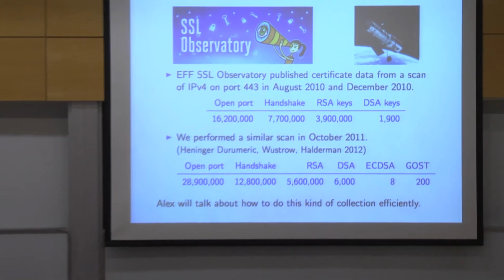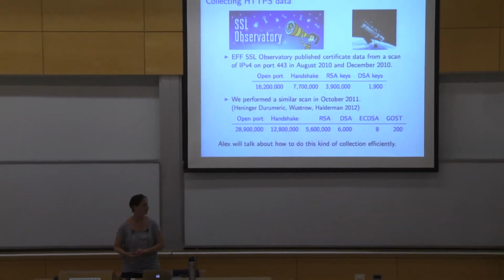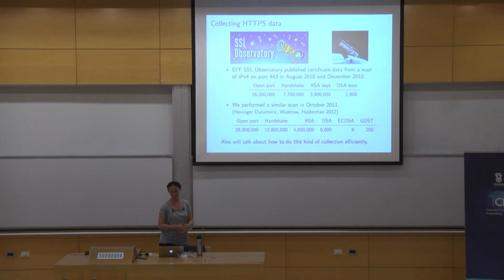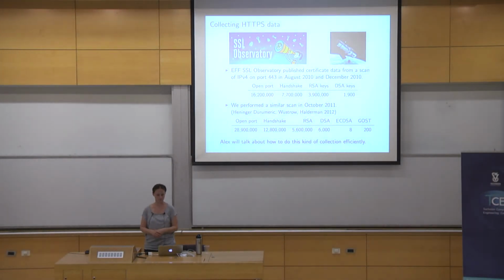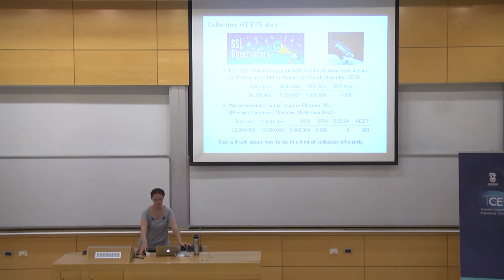In our case, we did it from 25 Amazon EC2 nodes. And here are some of the numbers that we got. We found a few more certificates and keys than the EFF did, but the numbers are about the same. And in his talk on Wednesday, Alex will talk about how to do this kind of collection much more efficiently, without needing to spin up 25 Amazon EC2 nodes.